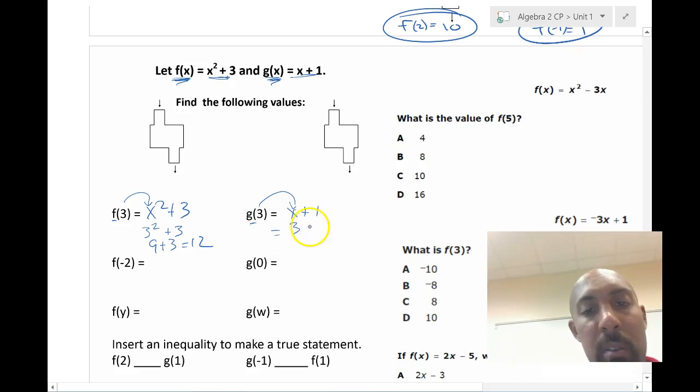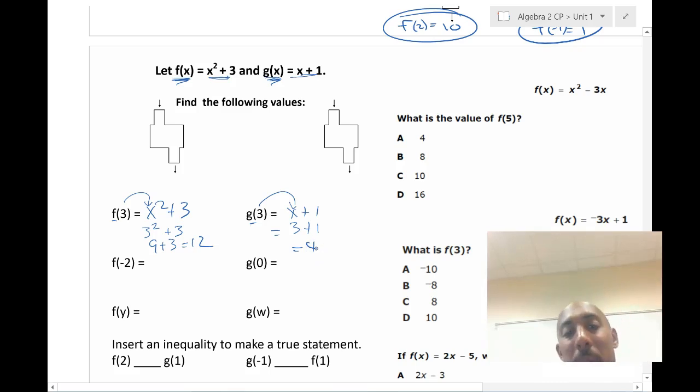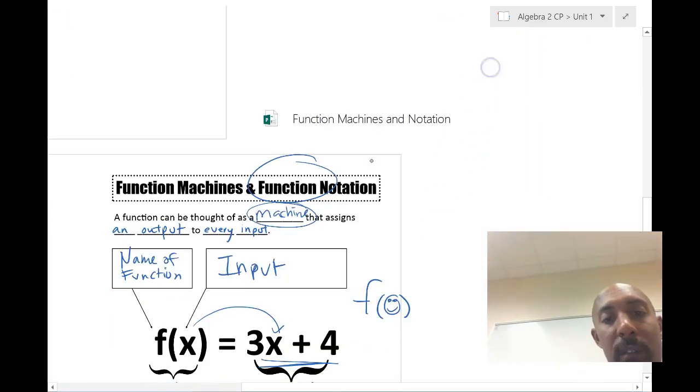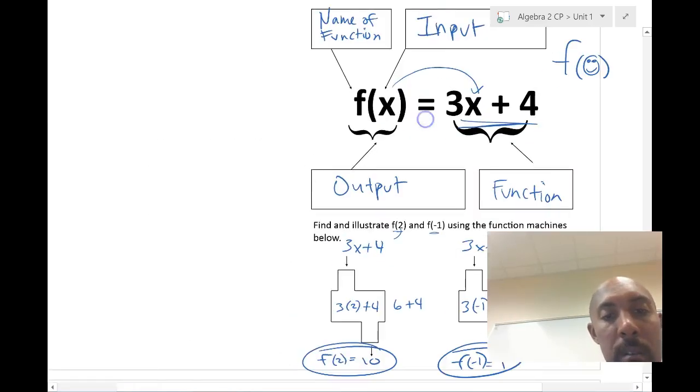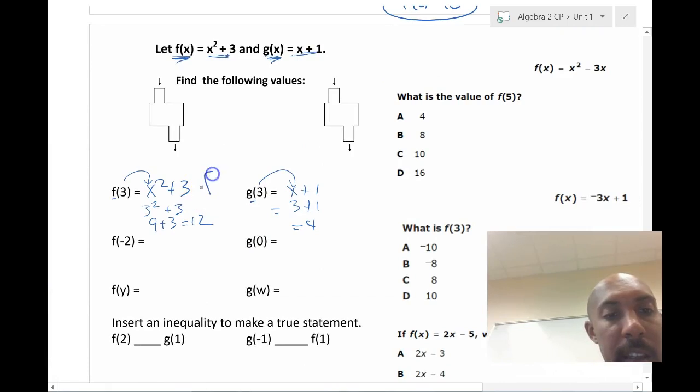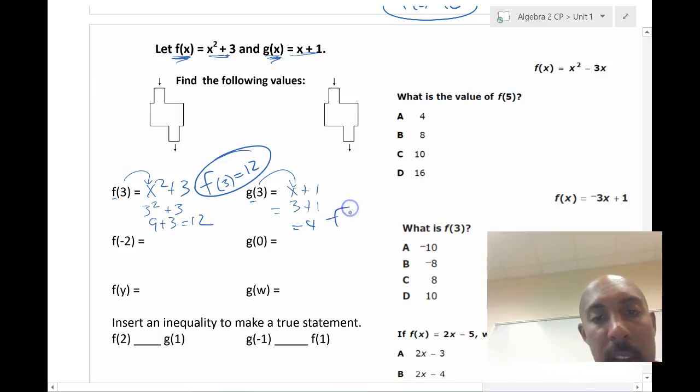So then 3 plus 1 is 4. But again, that's not how we write our answer, because the title here is function notation. We want to write this as f of 3 is equal to 12, and then, sorry, not f in this case, this is g, g of 3 is equal to 4.